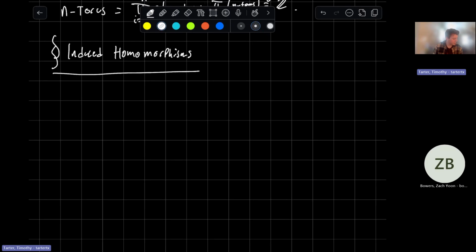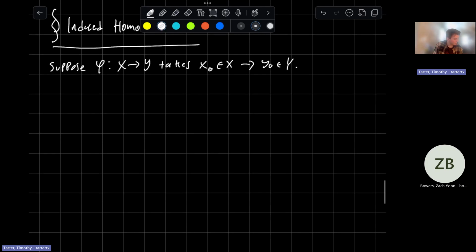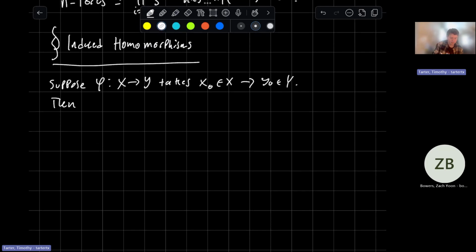So for induced homomorphisms, suppose phi from X to Y takes base points in X to base points in Y. Then phi induces phi star from the fundamental group on x naught to the fundamental group on y naught, defined by composing loops.